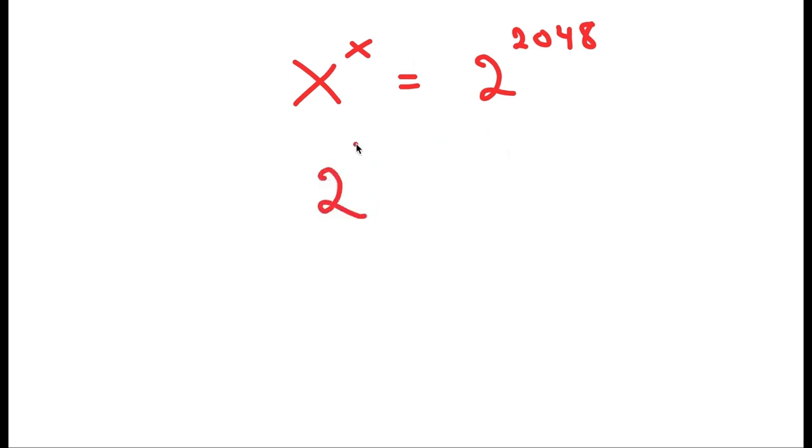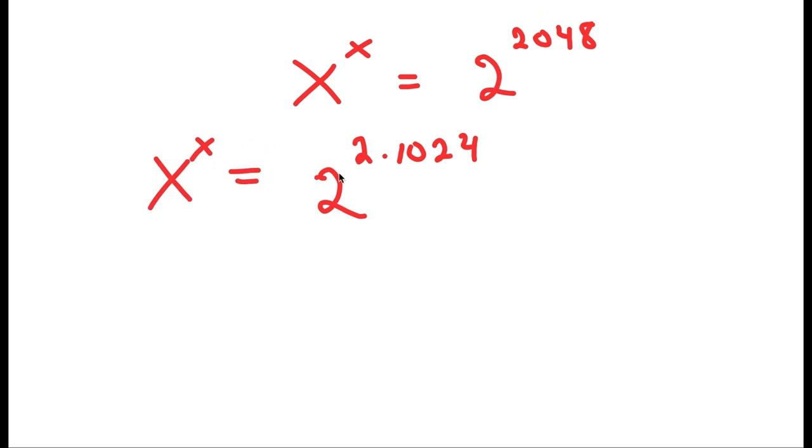Alright, so in this video, I'm going to solve a challenging exponential equation. So the equation is x to the power of x is equal to 2 to the power of 2048. So to solve this, I'm going to first start by writing this as 2 to the power of 2 times 1024, where I rewrote 2 to the power of 2048 as this.